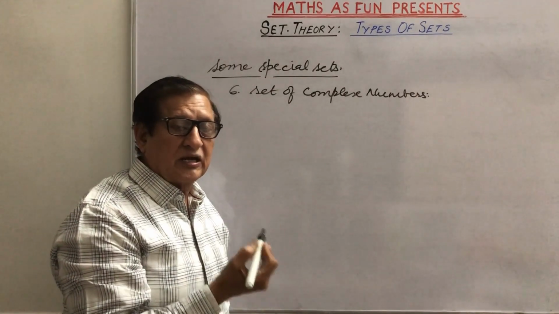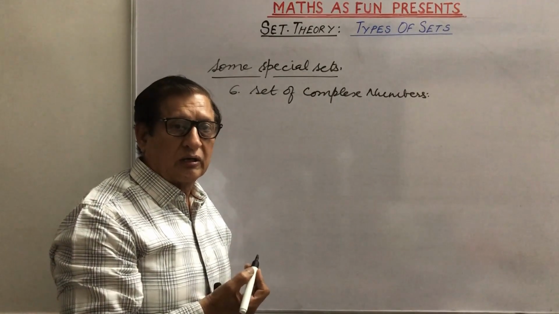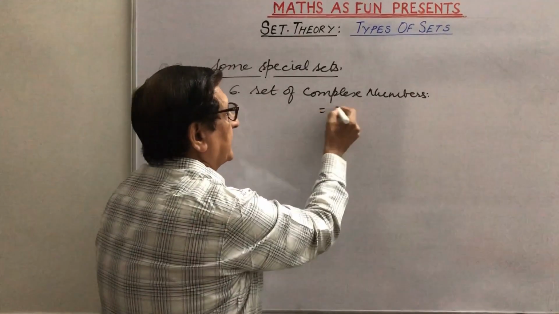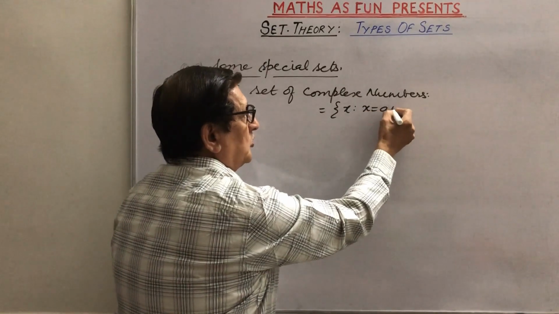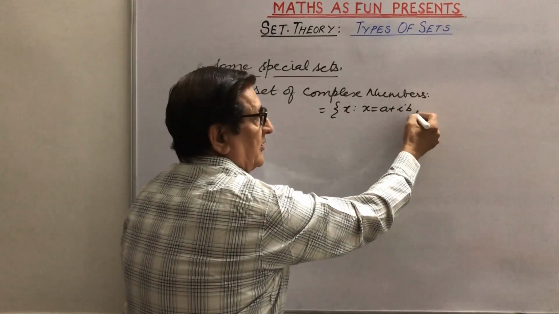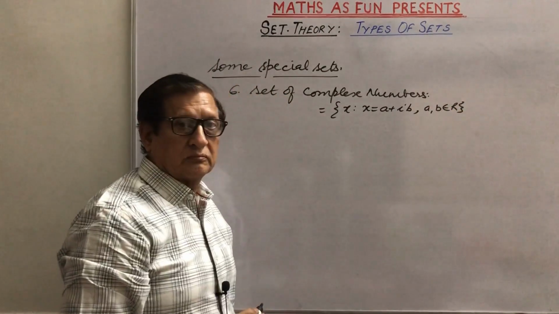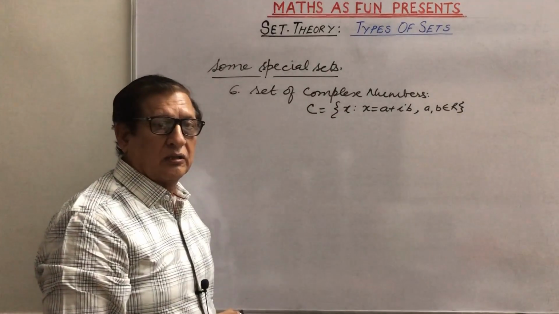We represent it as a plus iota b, where a and b are two real numbers. So we represent this also in the set builder form, that is x such that x is equal to a plus iota b, where a and b are any real numbers. And this is represented by capital C.